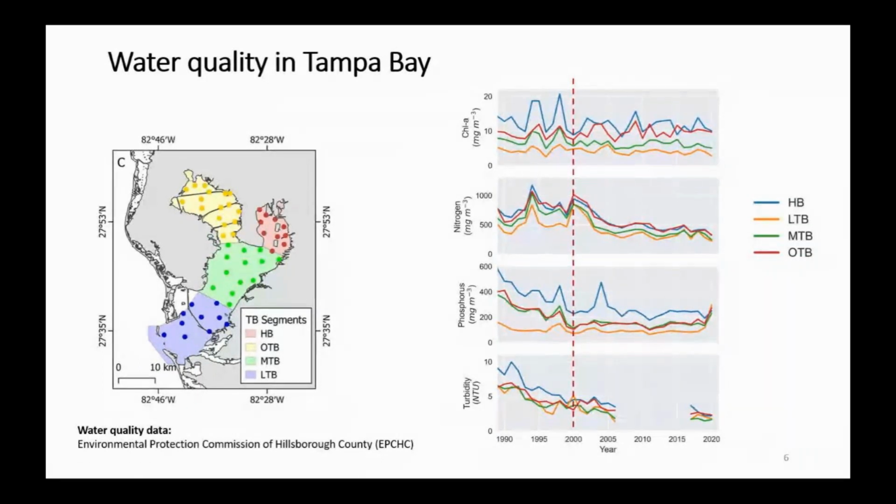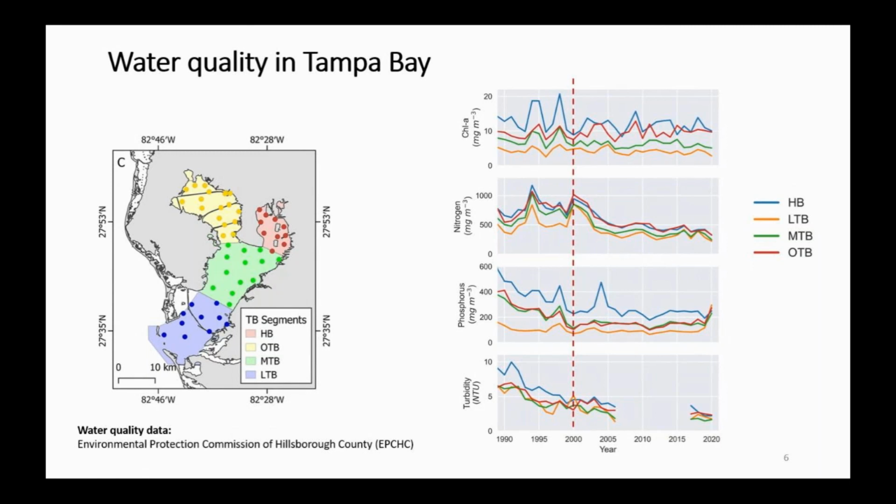We consider chlorophyll A, nitrogen, phosphorus, and turbidity. This data is collected by the Environmental Protection Commission of Hillsborough County. We can find several patterns in this data.